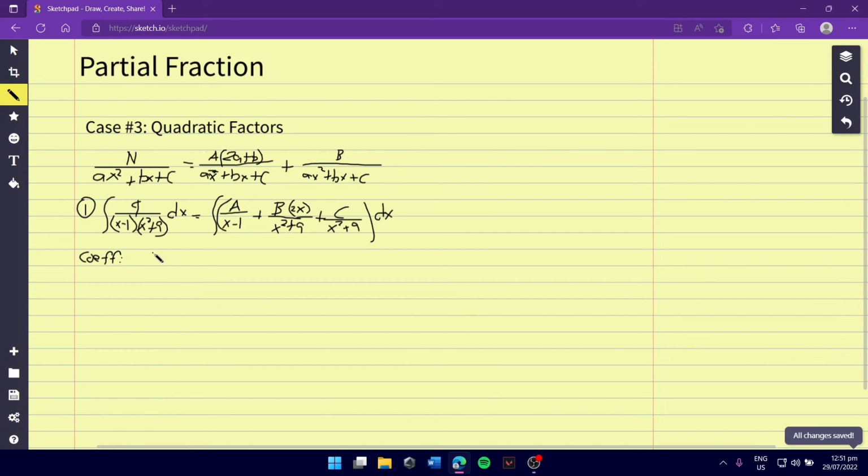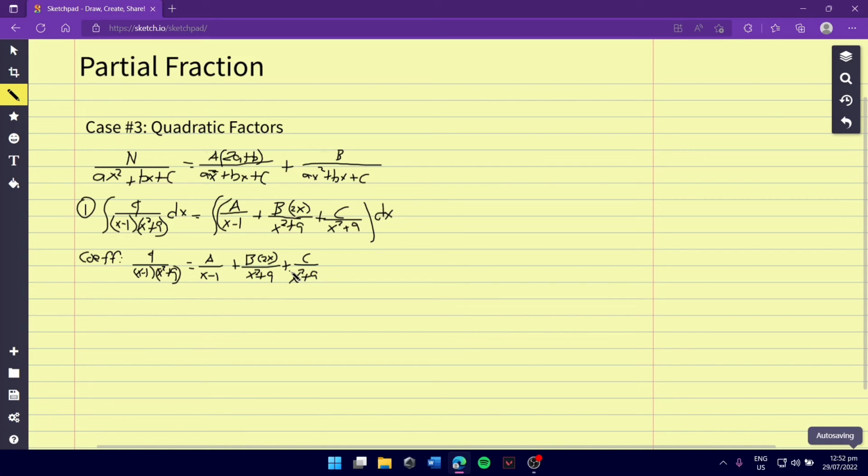So this is 4 over x minus 1 times x squared plus 9. Then copy your expansion: A over x minus 1 plus B times your 2x over x squared plus 9, and then your C over x squared plus 9.